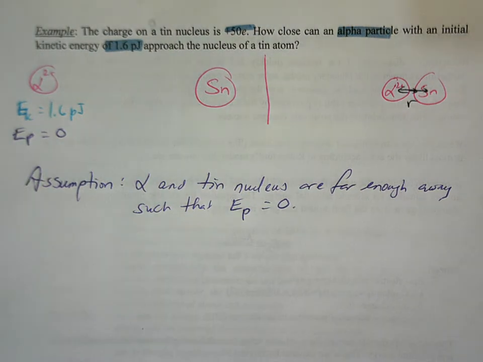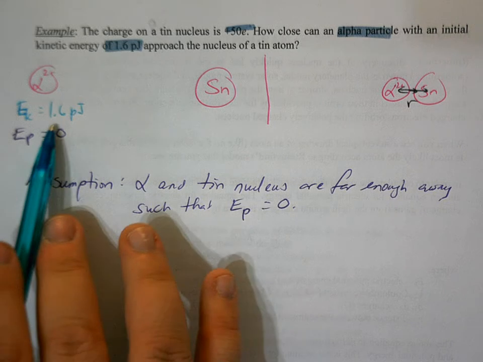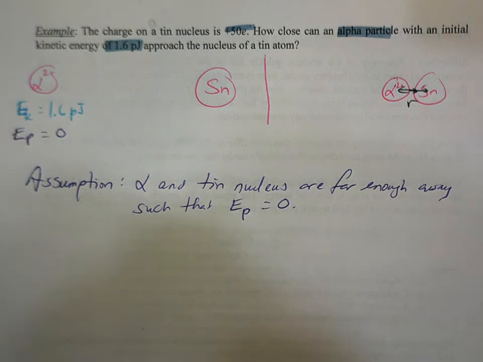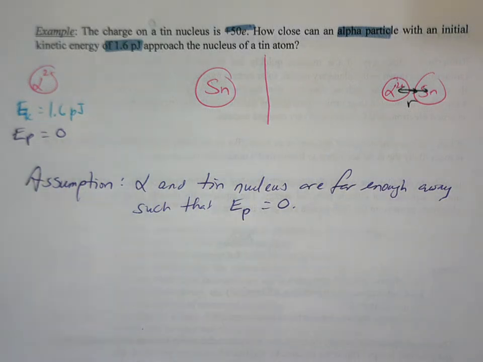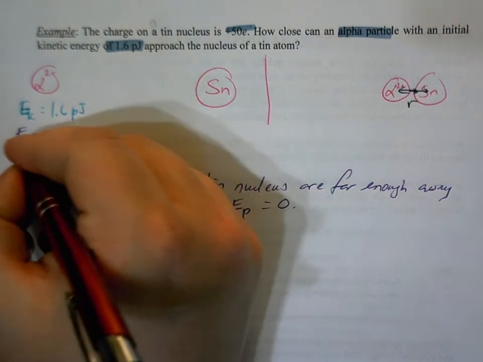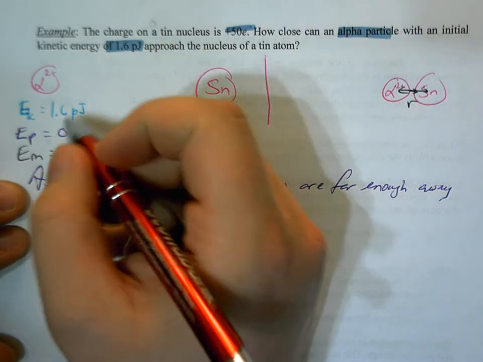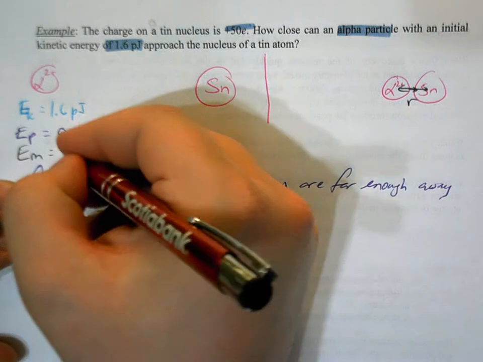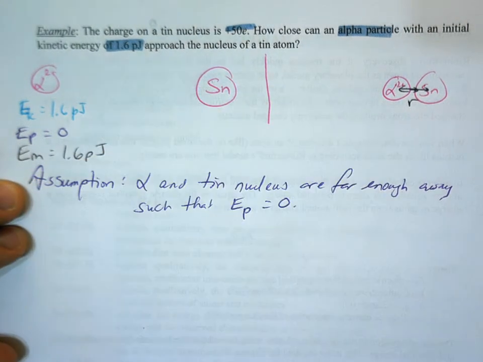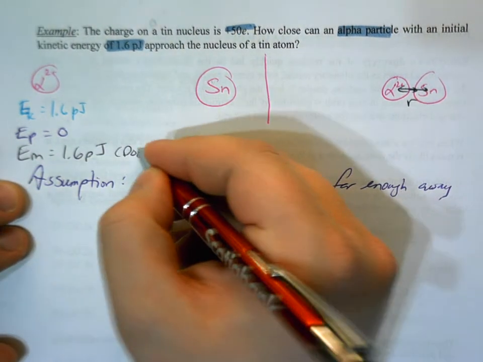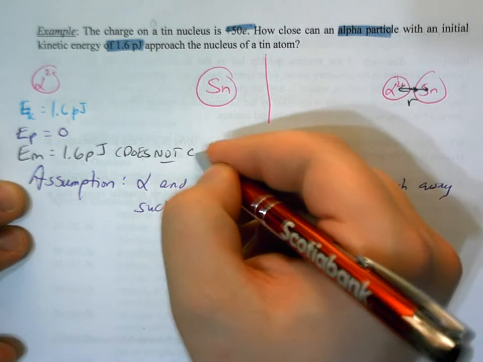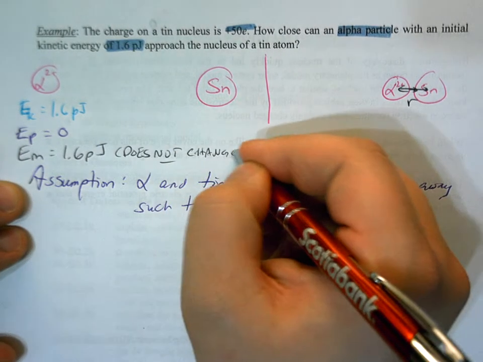Now, I have kinetic energy of 1.6 picojoules and potential energy of zero. From studying mechanical energy in Physics 20, the kinetic plus the potential is going to be 1.6 picojoules. This does not change because we are using the law of conservation of energy.